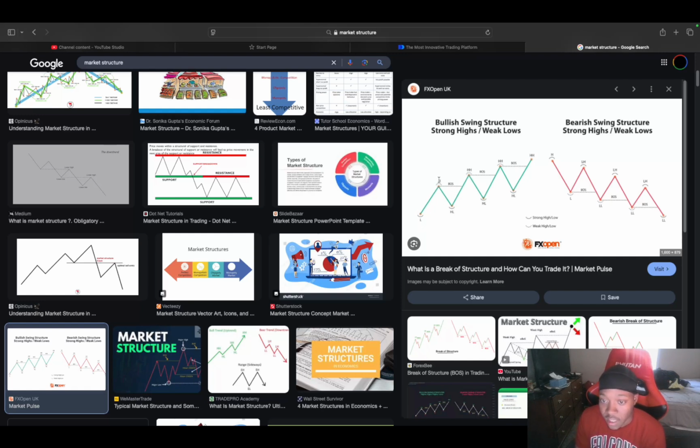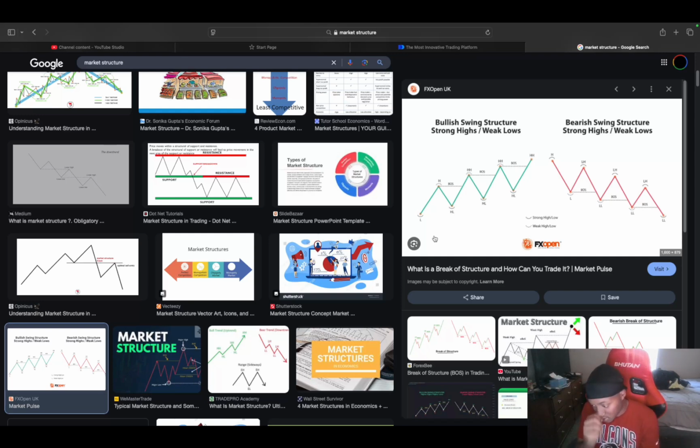You see how it goes up and then it goes down. As it goes up, it broke the even spot from right here. You see how a line goes straight through right here. Once it kept going up past that space right there, it's now called a break of structure, because the structure is just going up. It's breaking the structure to go up.